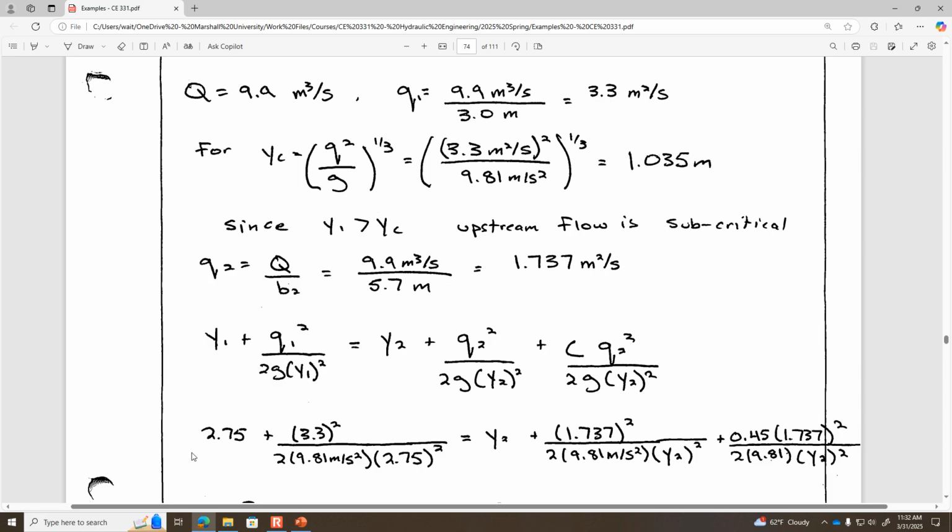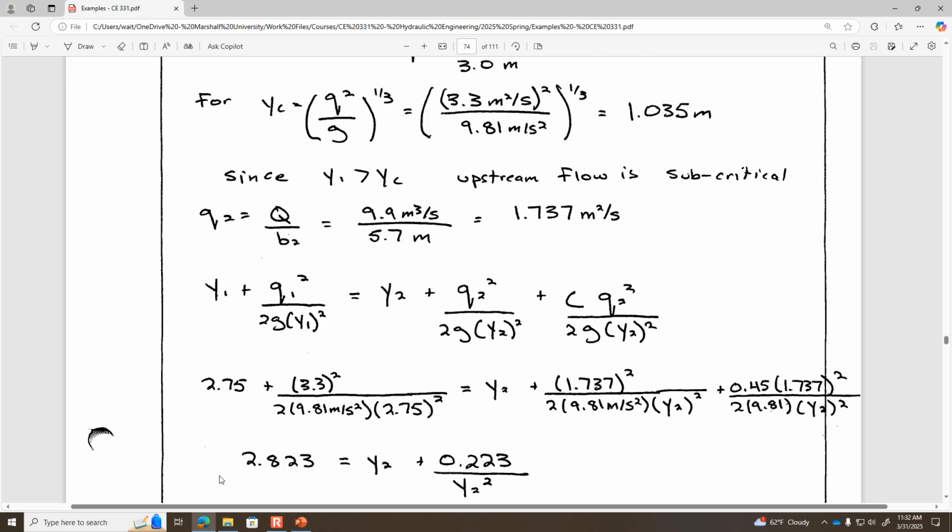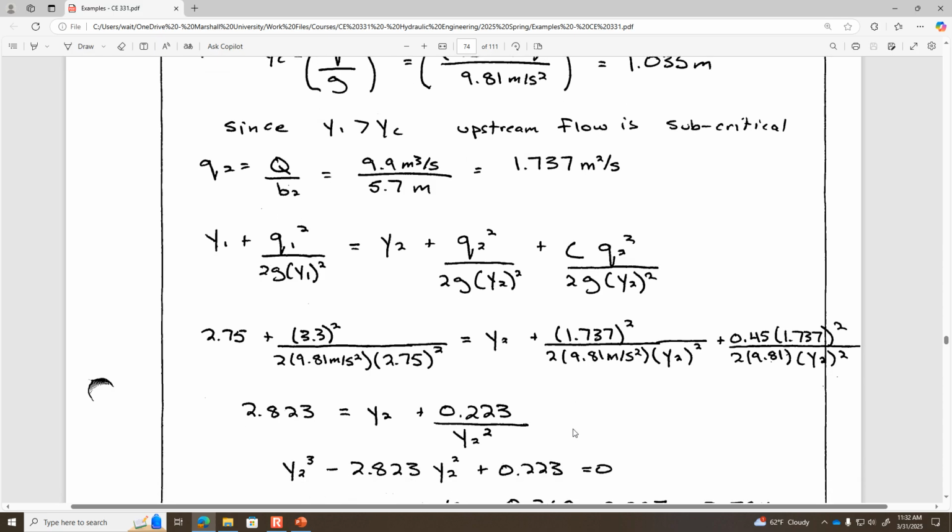The left-hand side is a constant because we know the velocity head and the depth upstream is 2.823 meters. And then downstream there's going to be the depth and the velocity head, which I've now combined together. There's an unknown depth in both the energy loss coefficient and the velocity head.